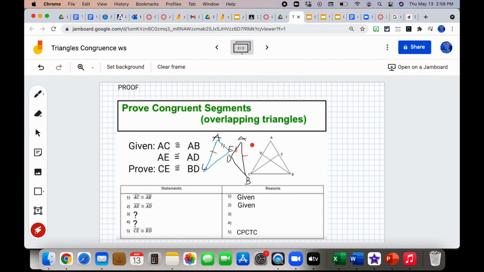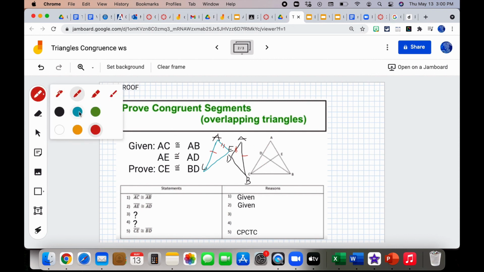Next, can we look at the main drawing and what else can we get from this drawing to prove triangles are congruent? What else is given in here? Well, I see that you have overlapping triangles, so the angle is shared between the overlapping triangles. We can mark it congruent, a reflexive property. It is congruent to itself.